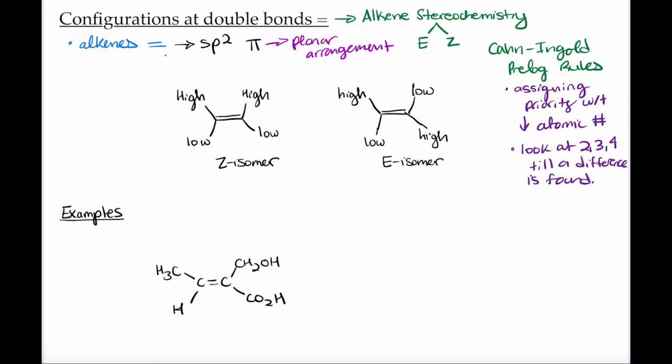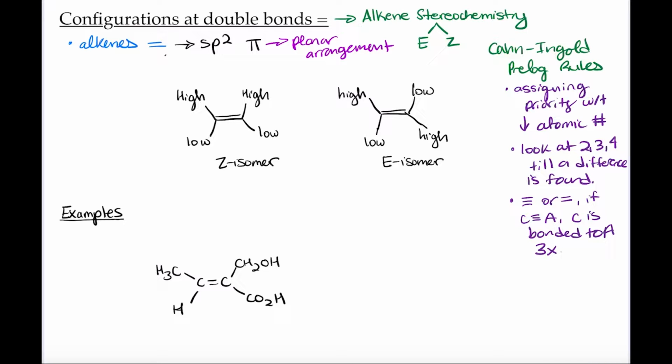And the last rule is that if you have a double bond or a triple bond, you're going to look at it as if you have C triple bonded to A. Think of C as bonded to A three times.